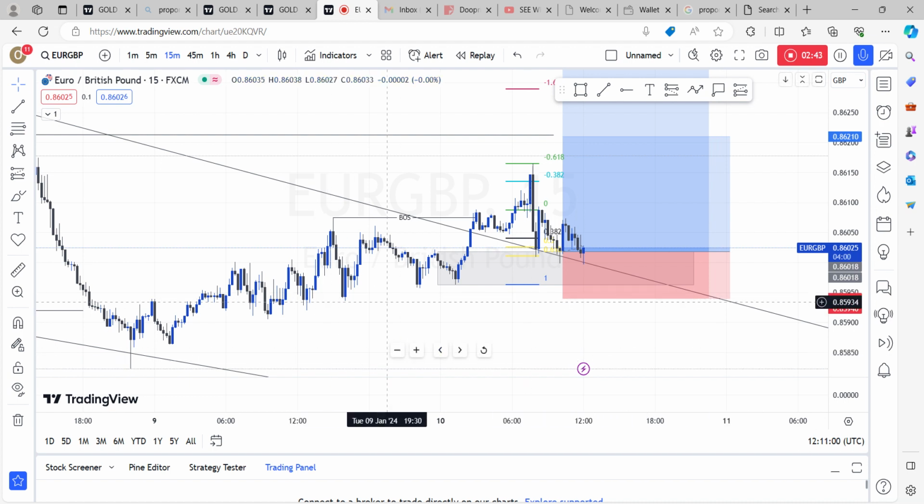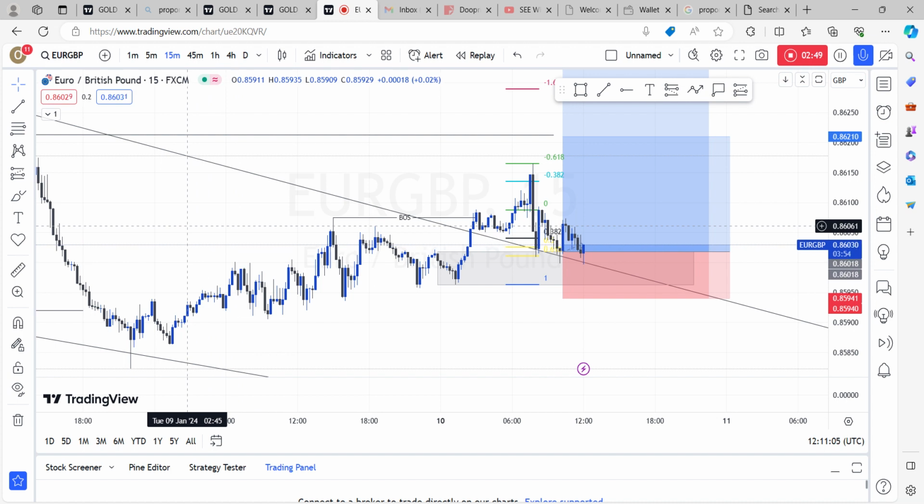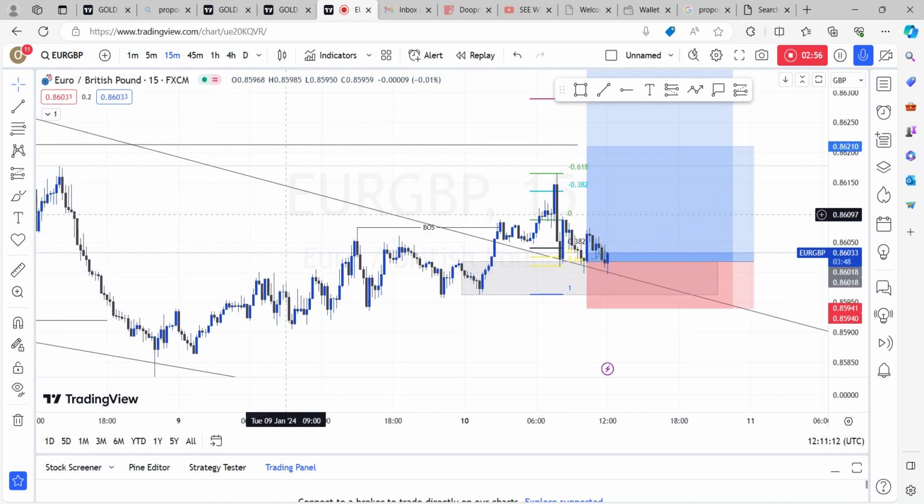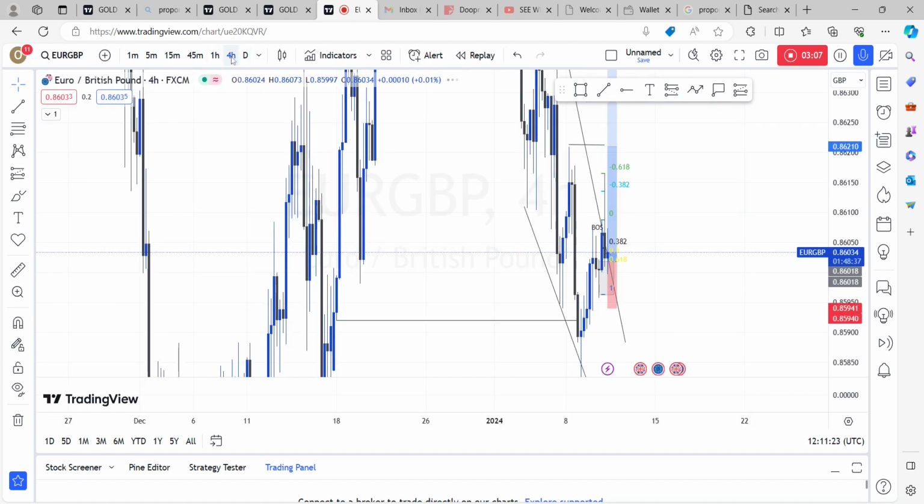So let's quickly look into the confluences that I got before I made my entry into the market. As you can see, the price has been so bullish in the past. You may not see it clearly here, so let's move up to the 4 hours time frame to see the market clearly.